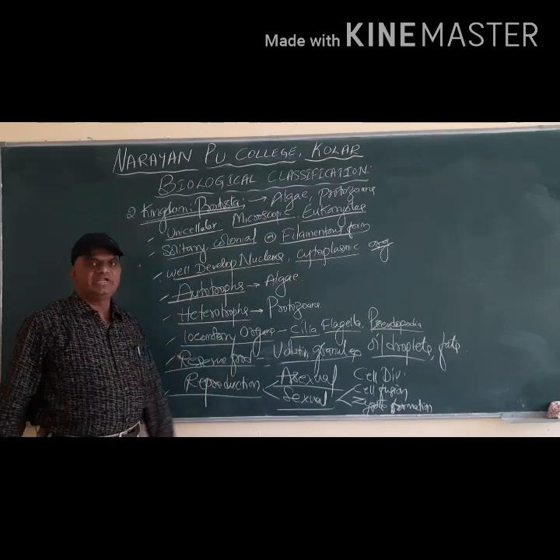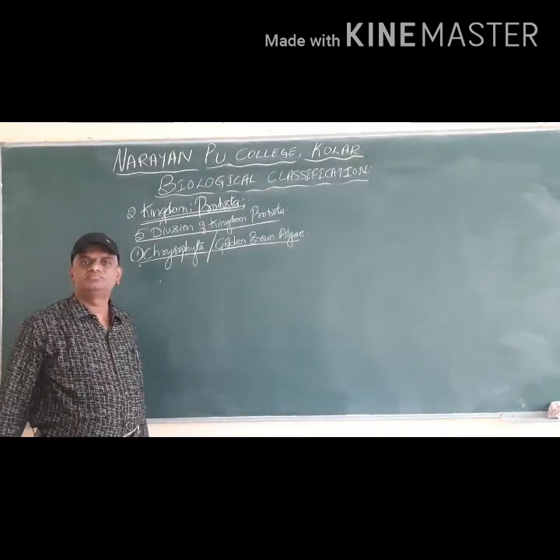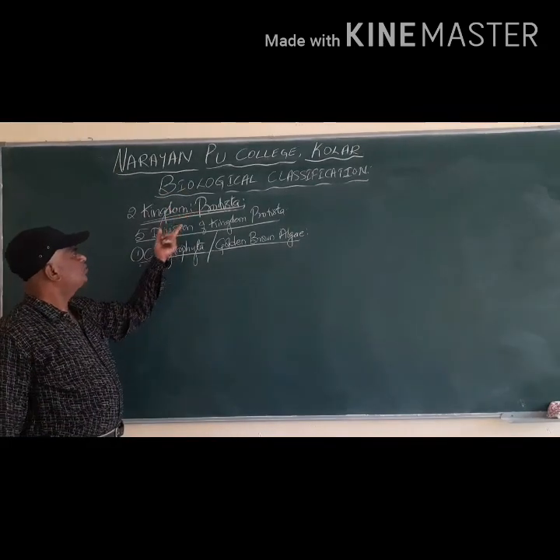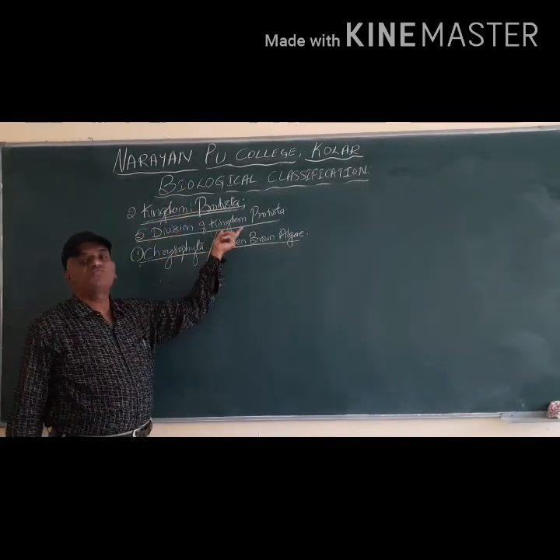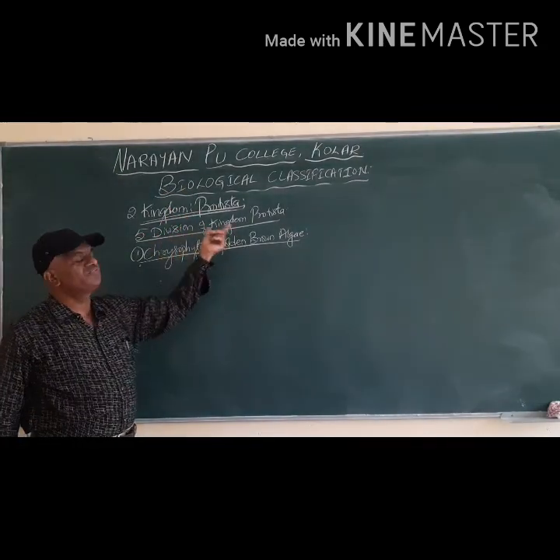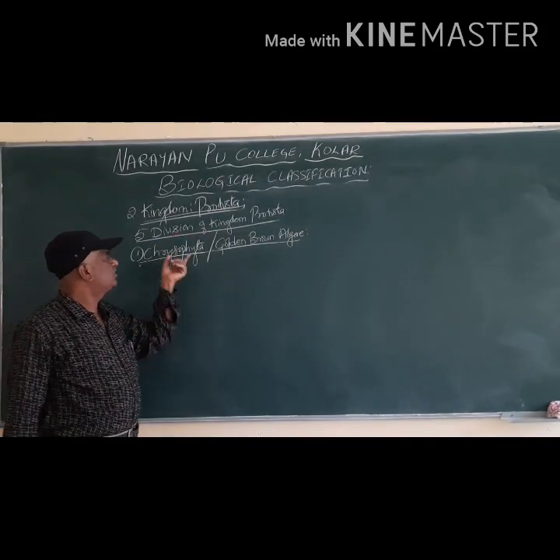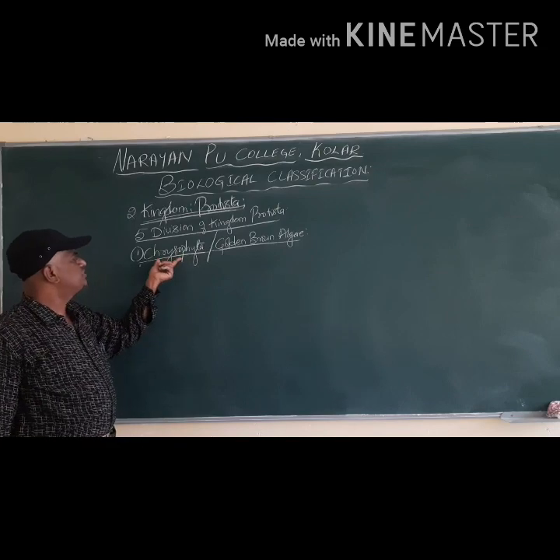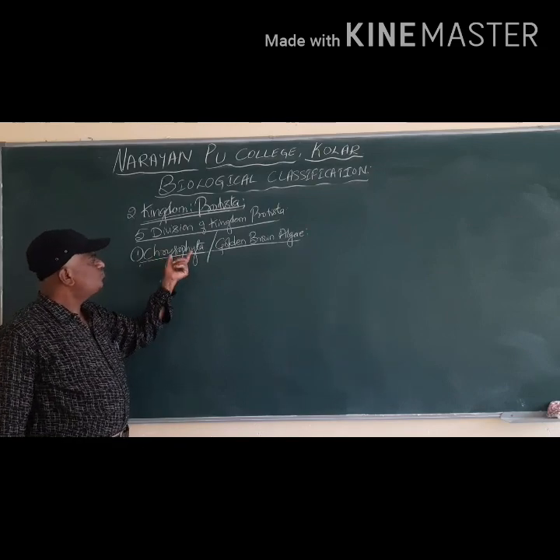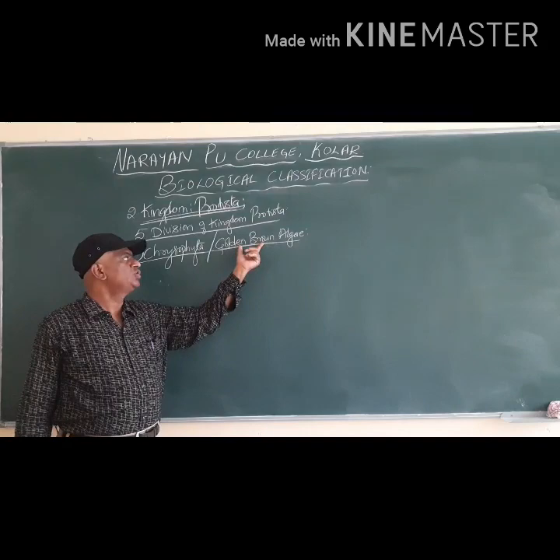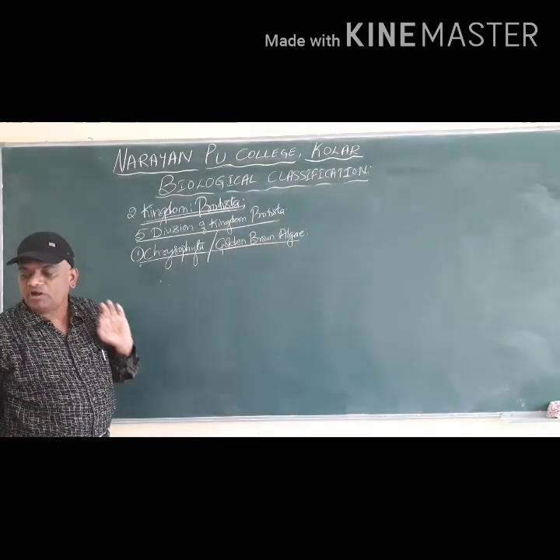We will go for the next one. Kingdom Protista has 5 divisions. We will see one after the other. The first division is called Chrysophyta. Chrysophyta is also called blue-green algae.